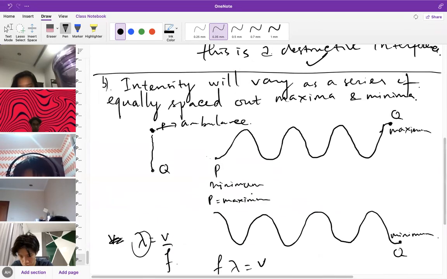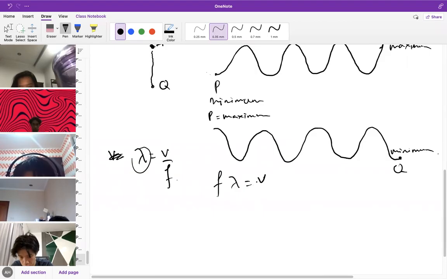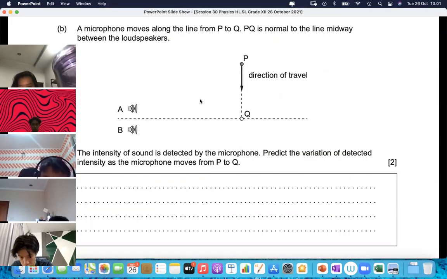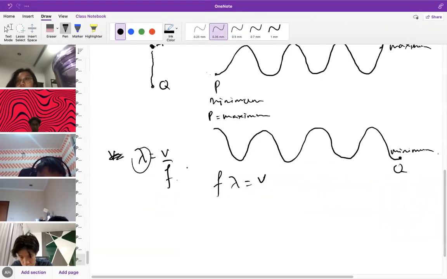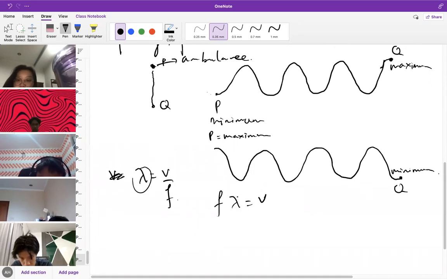But just say this one moves. When this one is actually moving, what happens is that it will make the frequency change also.